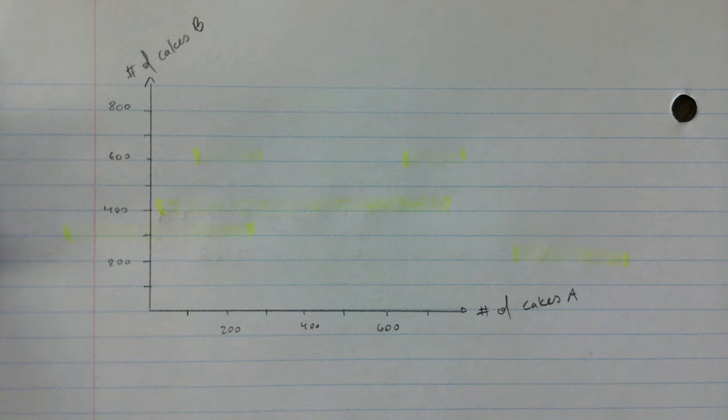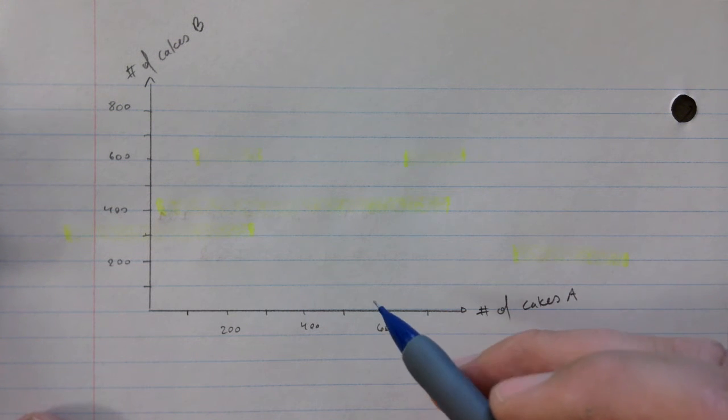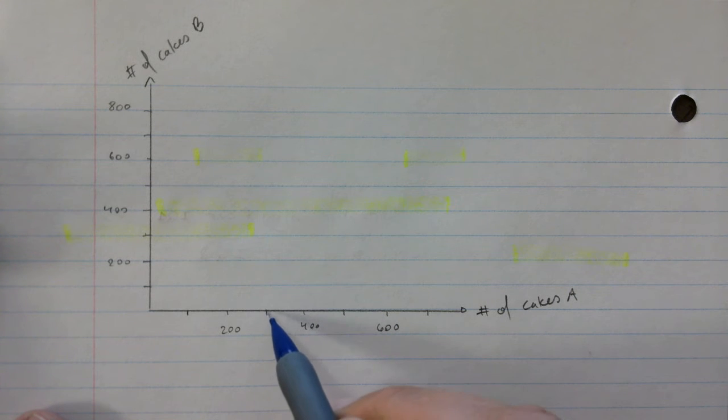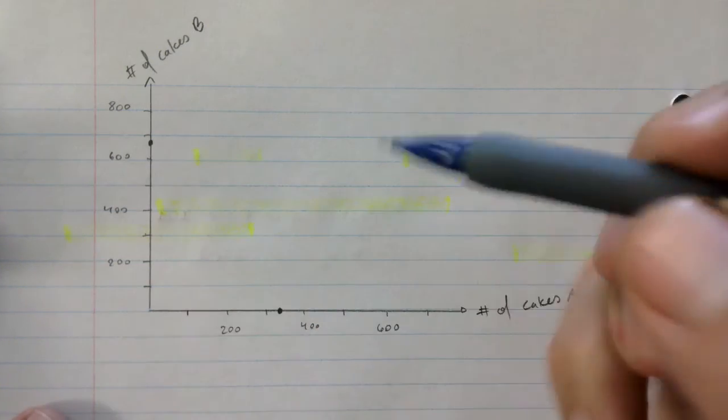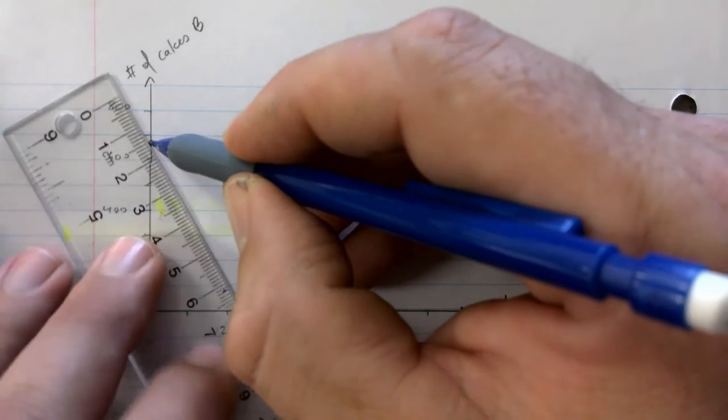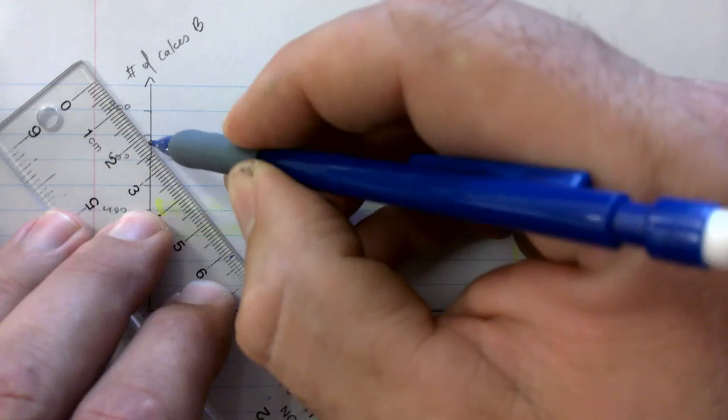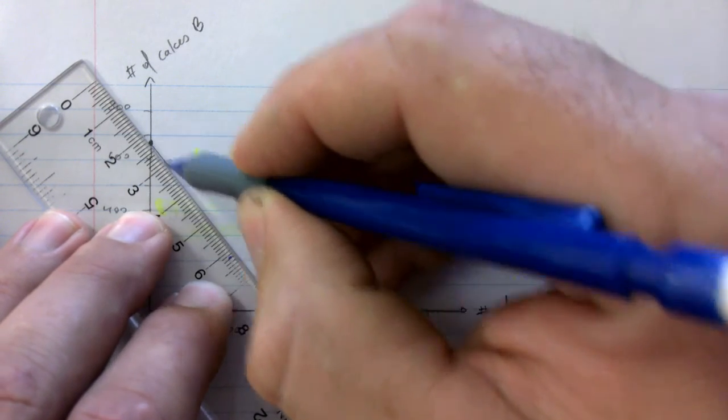So you need to adjust your scale. So now we're going to plot this. The first one is 333, right about there for me. And 667 would be right about there. They're all solid, right? So that's the case 99% of the time.